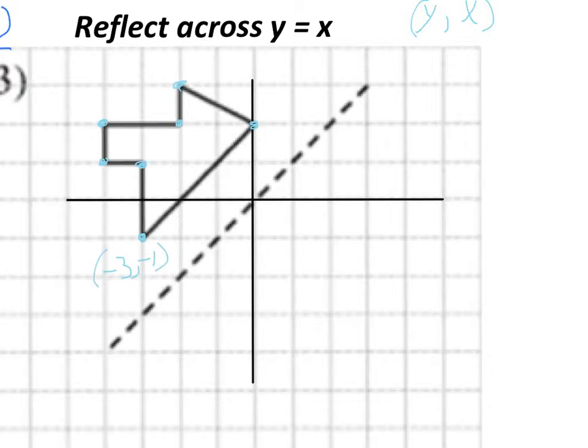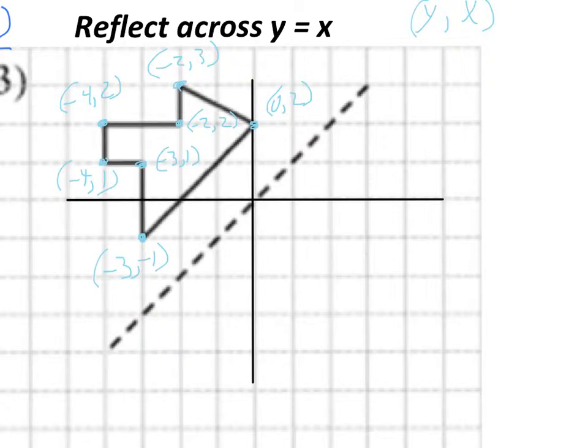Here we have -3, 1. Here we have -4, 1. -4, 2. -2, 3. 0, 2. And the last point would be -2, 2. Okay, so those are the ordered pairs for all those points.